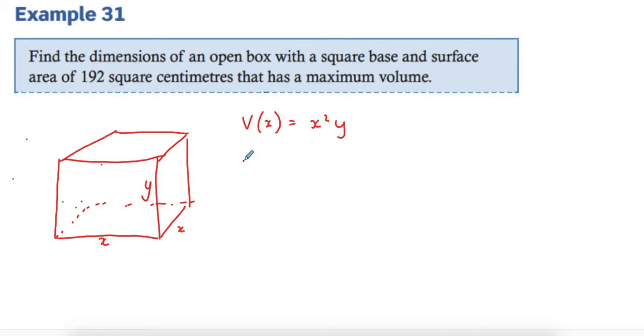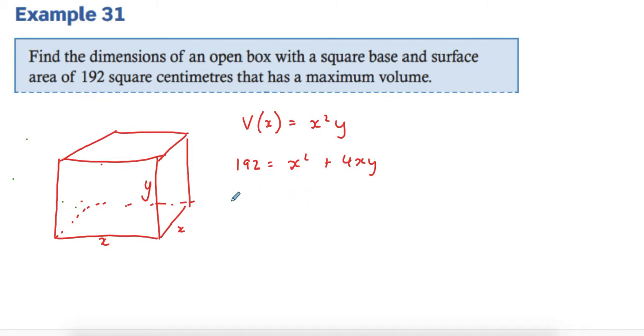We know that the surface area is 1 x squared. Remember the top of the box is open, so there's no other x squared up here. And then we've got 4 lots of x times y for the 4 side faces. And we also know that the surface area is 192.